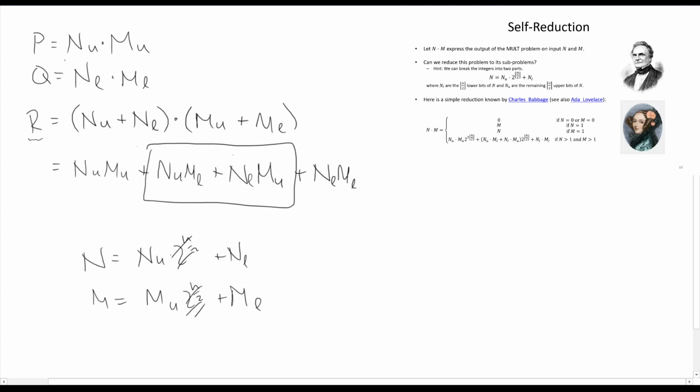But you notice we've actually already computed P and Q, and this is P and this is Q. So if we actually go R minus P, that'll cancel out that one, minus Q, that'll cancel out that one, that gives us exactly what we want, the middle term of our recurrence relation.